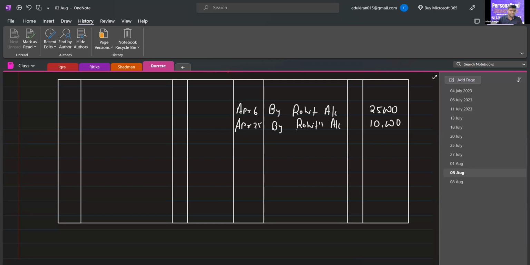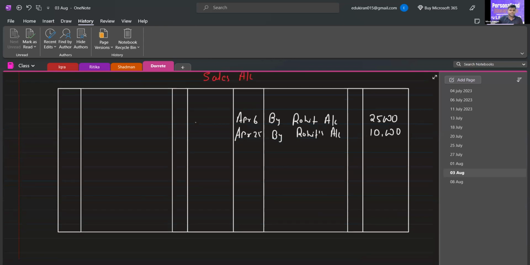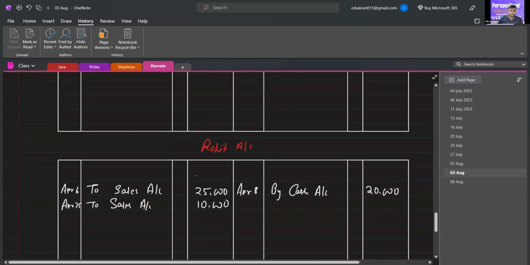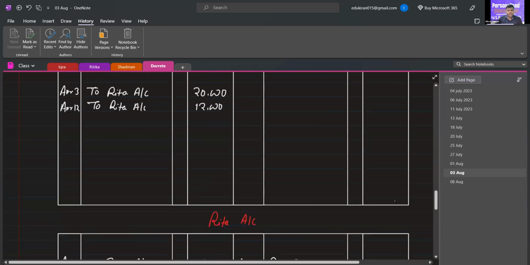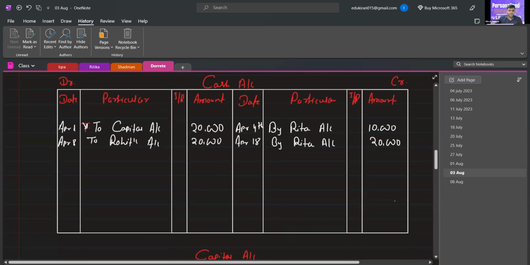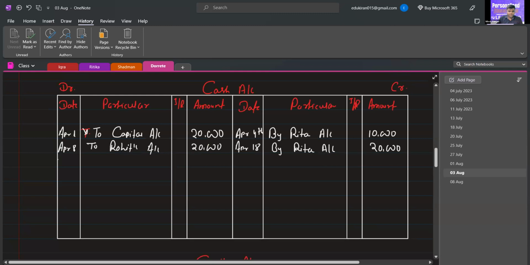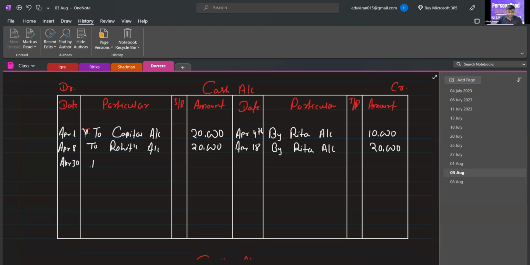Again, in last received cash from Rohit. So in Rohit, it will be on April 30th by cash account, 6,000. And in cash account, to Rohit account, 6,000.